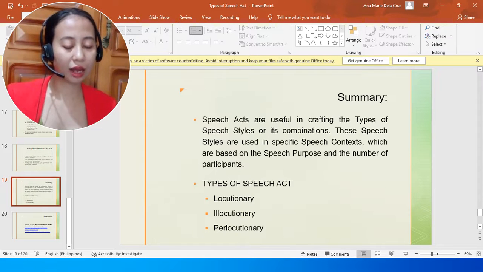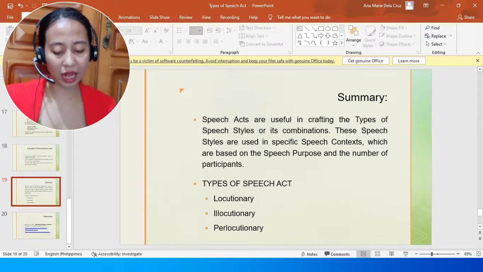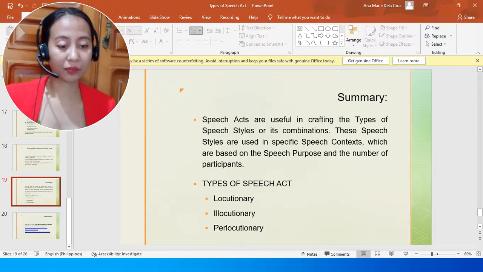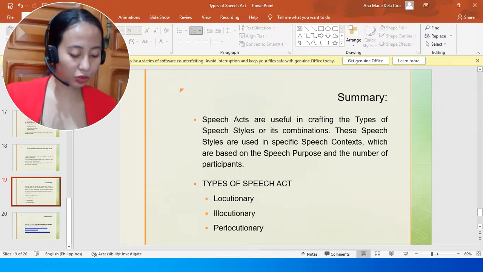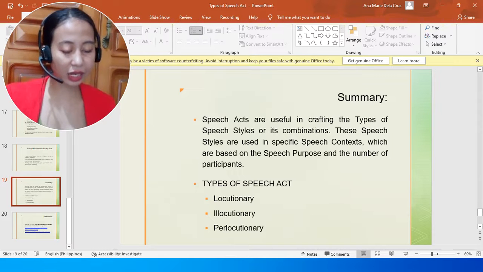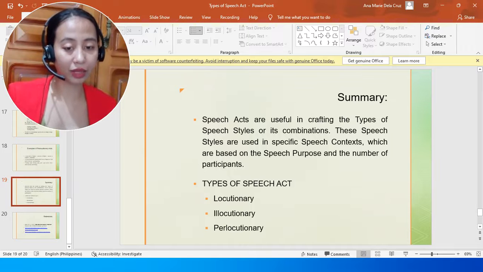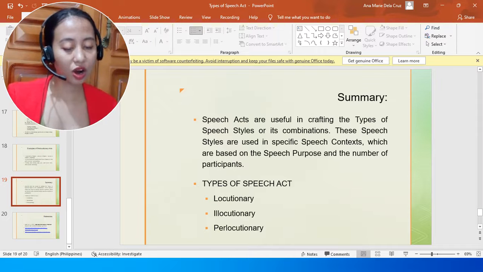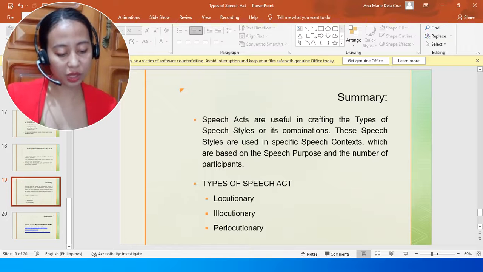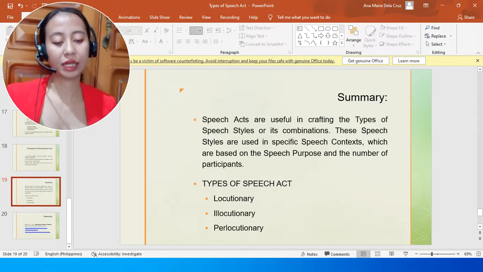Illocutionary, that is an attitude with a certain function or force, or also called saying something within something. Unlike illocutionary, we just say something. And then perlocutionary, that is saying something and not in saying something, because there is an effect, a state of mind brought about as a consequence of saying something.